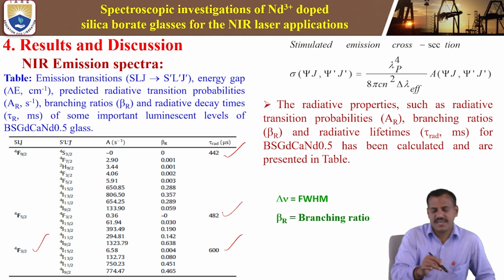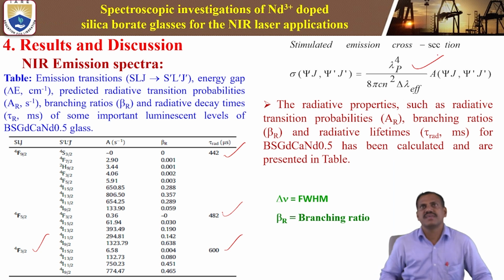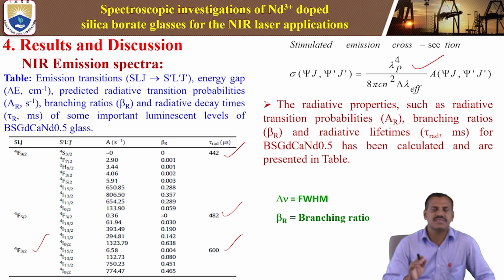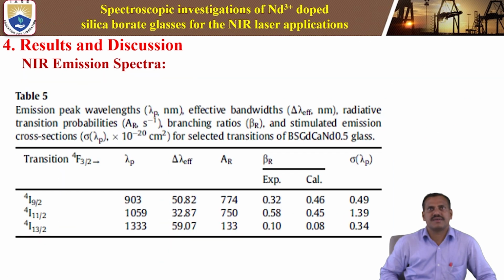We can also calculate the stimulated emission cross section using the emission spectra analysis, by using this formula. This is one of the important laser parameters. The transition having the higher stimulated emission cross section makes the glass useful for laser glass applications. The full width at half maximum and branching ratio are calculated from the NIR emission spectra.